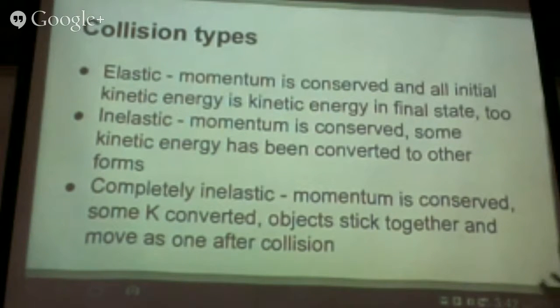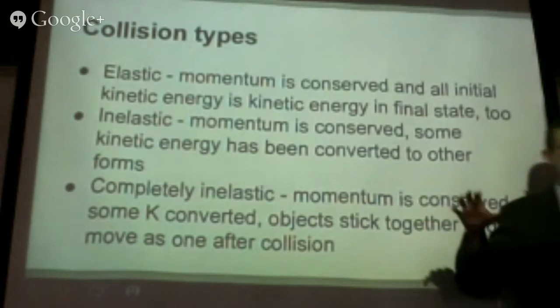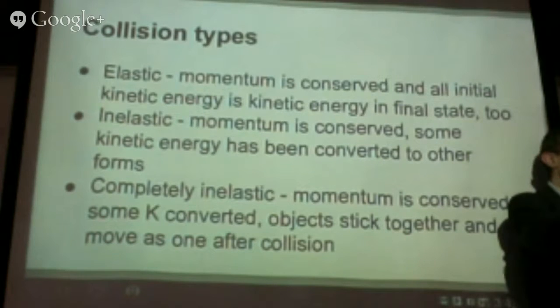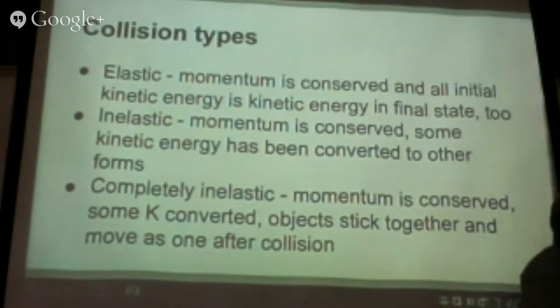So when we do the momentum conservation stuff, we'll have a term for object A and a term for object B to start with, but then on the other side we'll have just mass A plus mass B combined. Just one object moving at one speed, one bigger object moving at a single speed. So these ones are nice because you end up with fewer terms. They're a little simpler to solve.